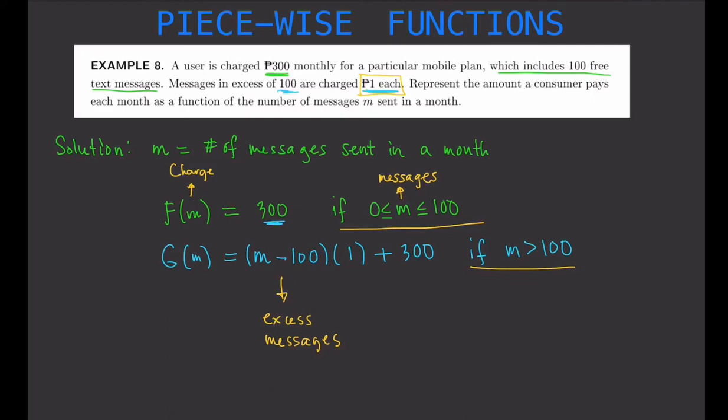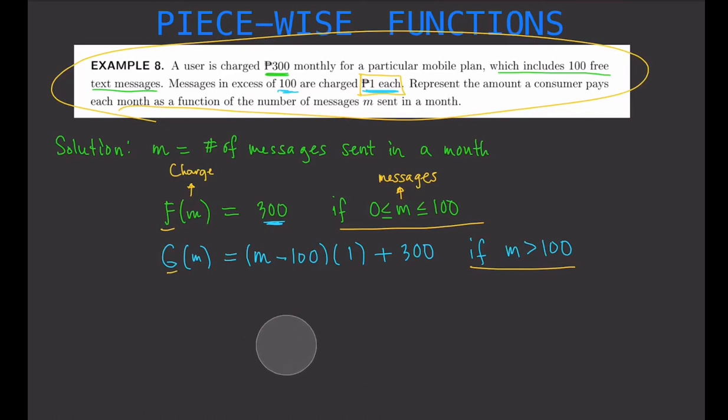As you can see, you have two functions that describe this problem. But what we want is a single function. We want to write this as just a single function, because actually you have two functions in here, f and g. What we want is just a single function, and we call that a piecewise function. We'll name that function c.